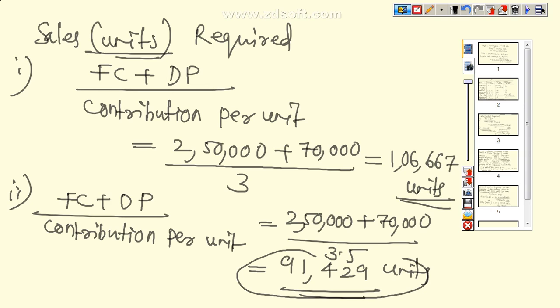But in the first case, if we reduce the selling price, then they have to sell 1,06,667 units in order to achieve the targeted profit, means desired profit of 70,000.